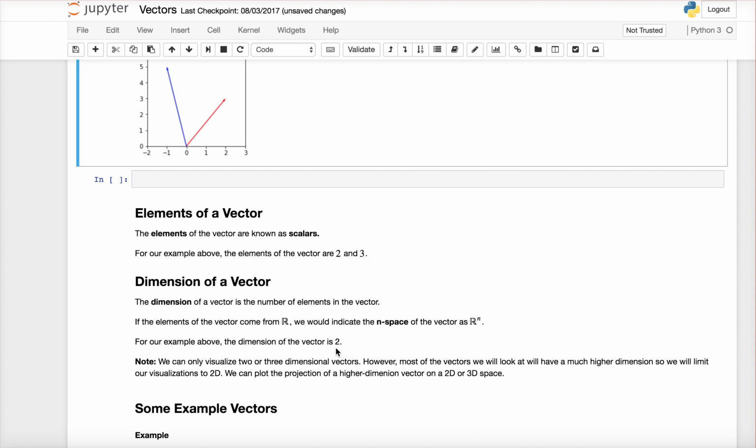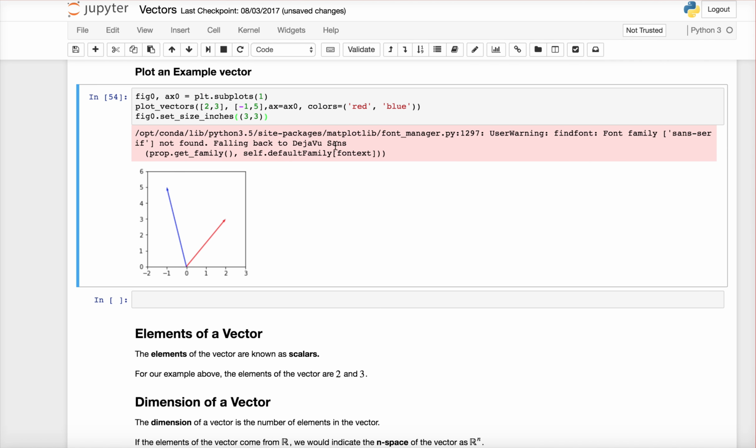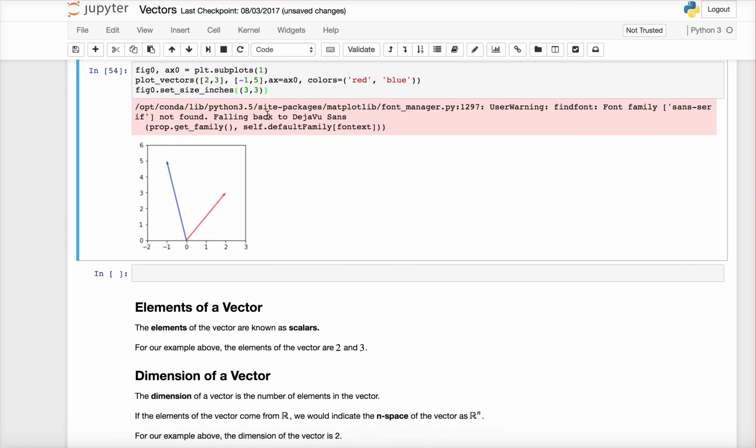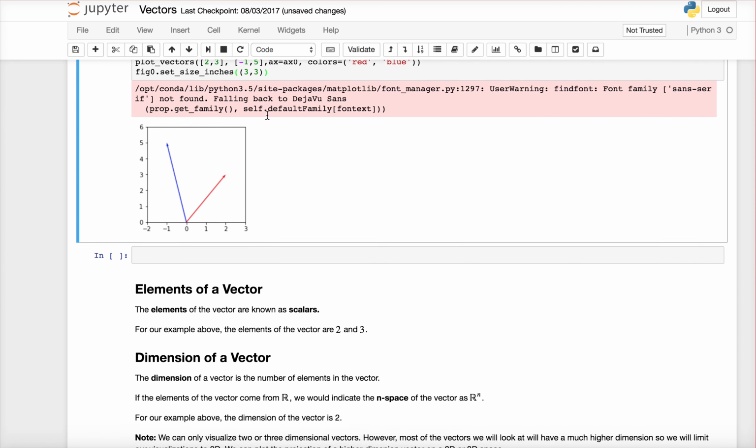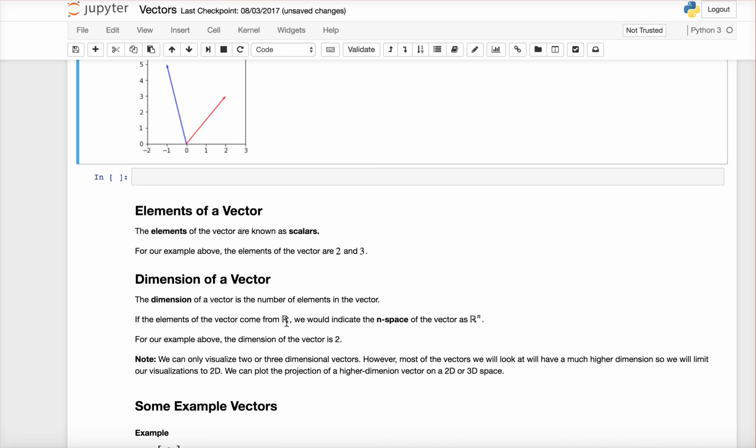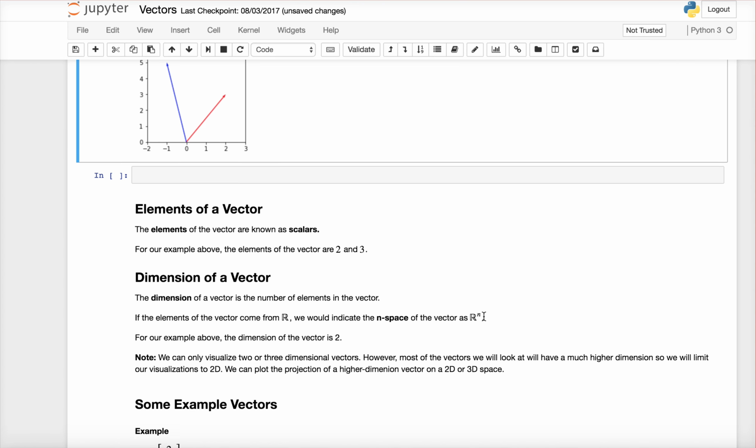Okay, the dimension of a vector is the number of elements in the vector. So these are both vectors of dimension 2. And if the elements of the vector come from the real numbers, we would indicate the vector space, n space, as R to the n, where n is the dimensionality of the vectors.